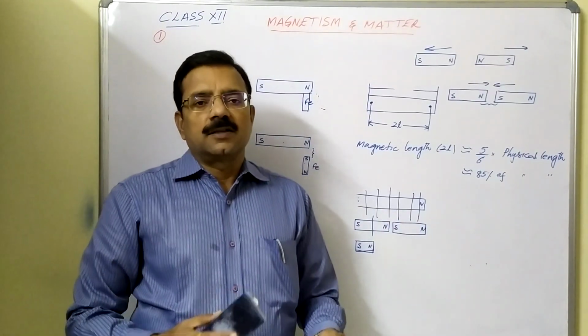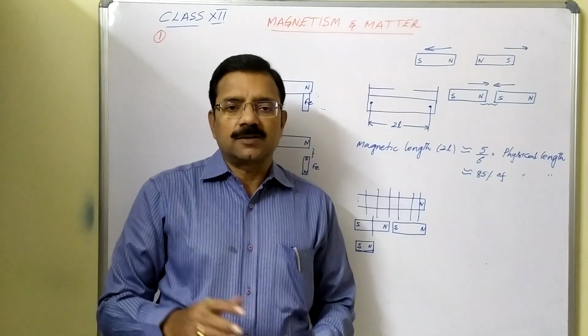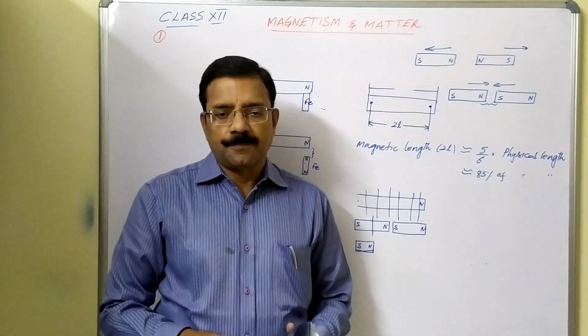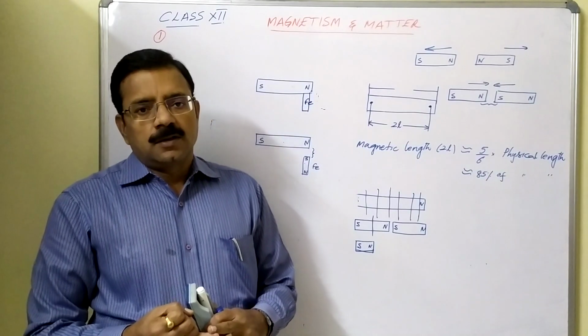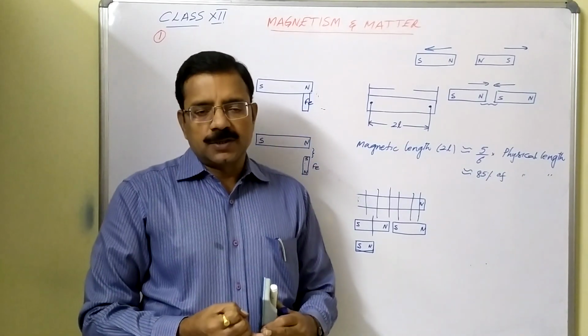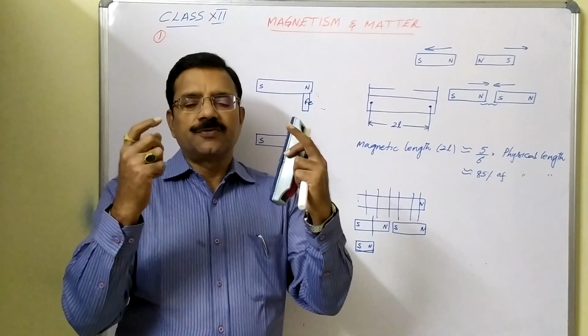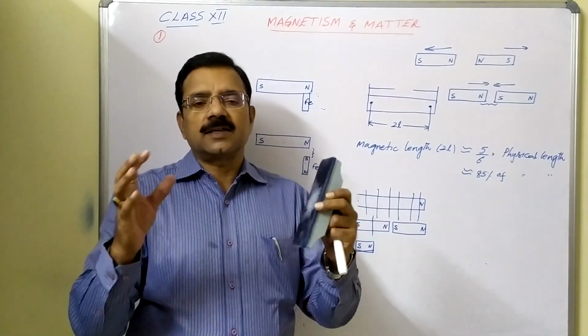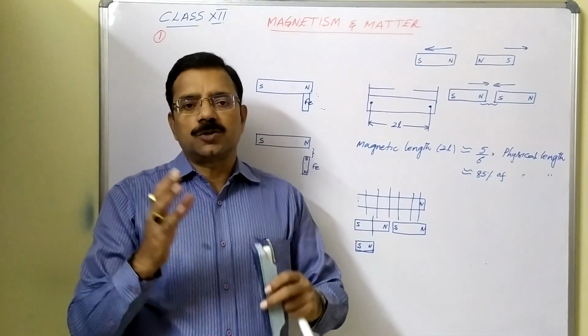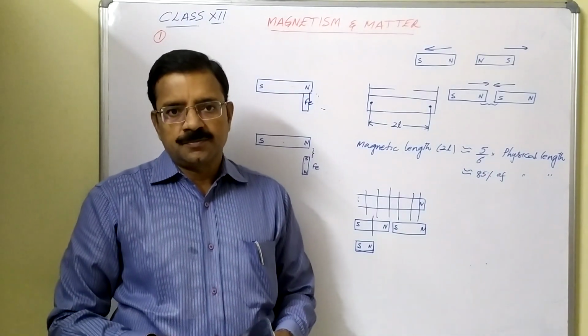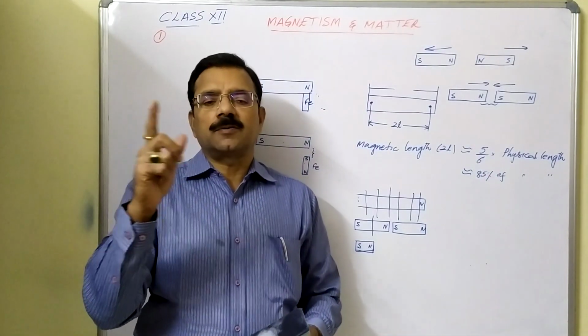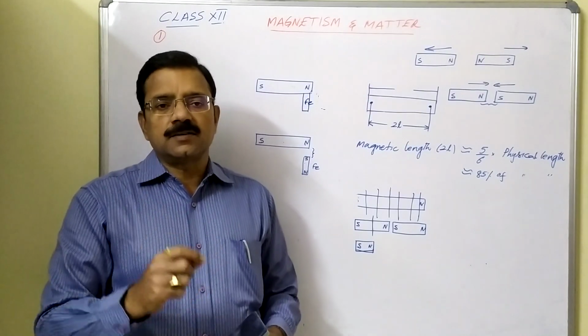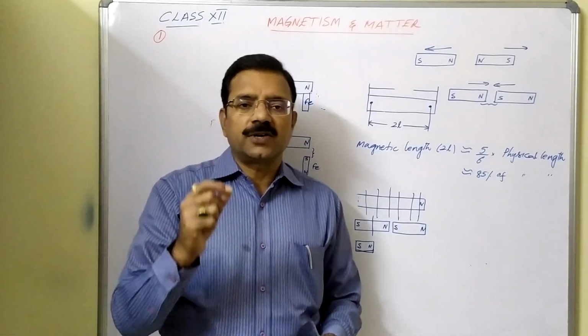So these are the important properties associated with the magnet. One is, it's an attractive property. Every magnet possesses two poles where the entire attractive property is assumed to be concentrated. The distance between the two magnetic poles is known as magnetic length, and it is generally denoted by 2L.